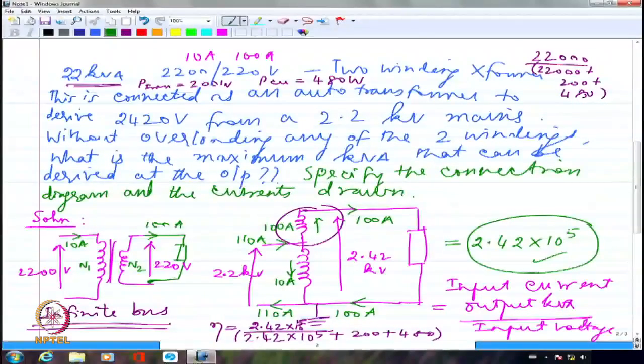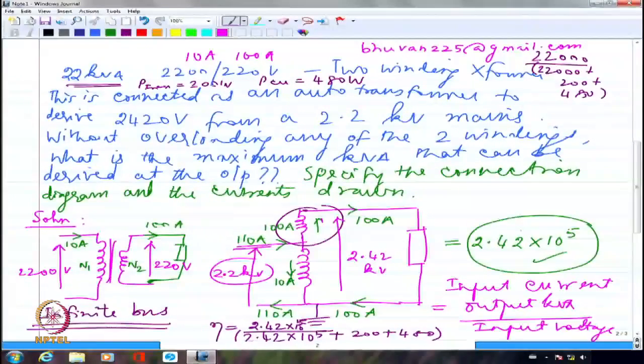Once you calculate the kVA at the output, you know the input current from the voltage given. The current I am getting is 110 amperes. If 100 ampere is going in this direction, very clearly 10 ampere has to come downward. That is the way you generally determine the direction.